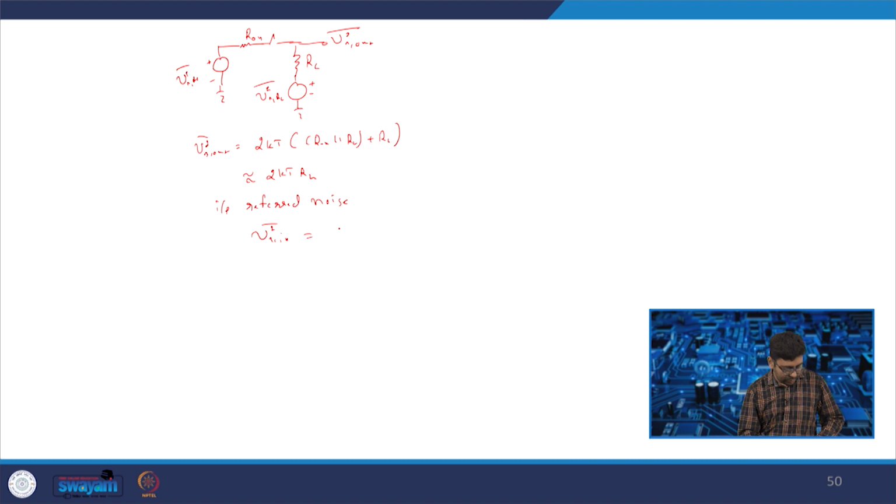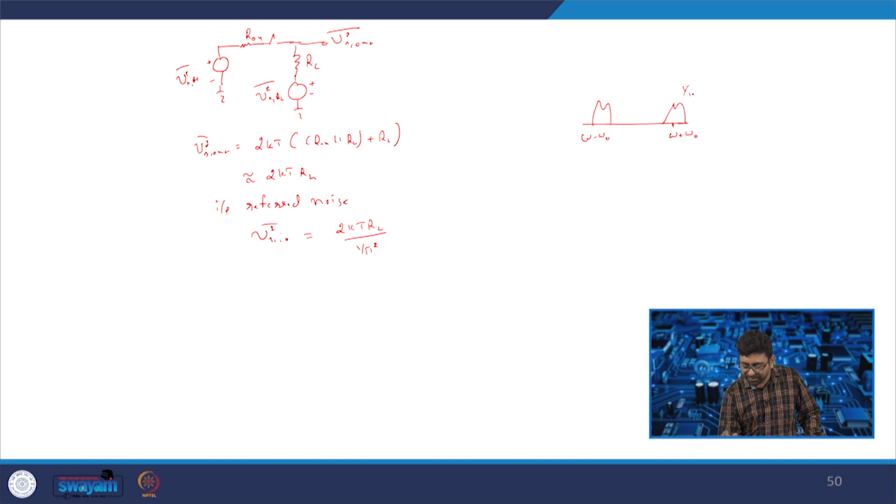So that is 2kT RL, that is 1 by pi square, because if we consider the single ended, when the signal is down converted at omega plus omega naught and omega minus omega naught, there is a 1 by pi and 1 by pi.